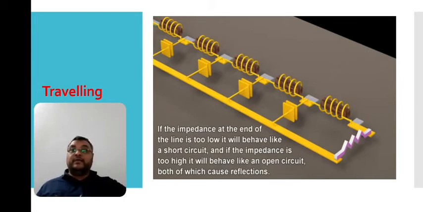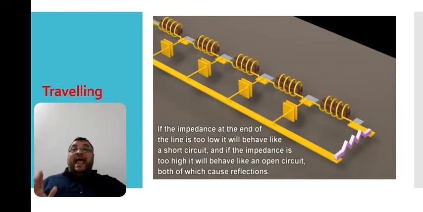Again, suppose we connect a short circuit at the end of the transmission line, it depends on what amount of impedance gets into its way. When the signal reaches the short circuit, the signal is reflected but with the voltage flipped upside down.